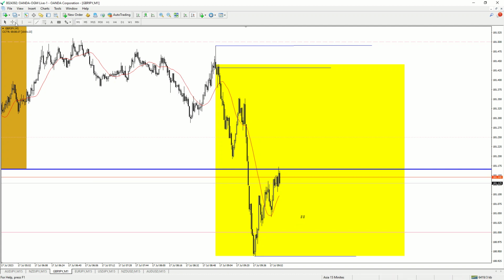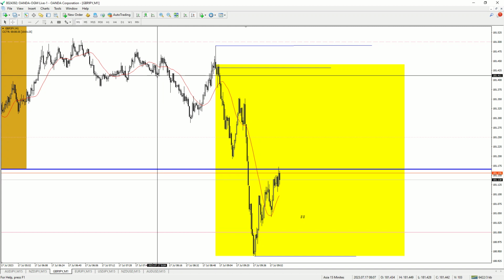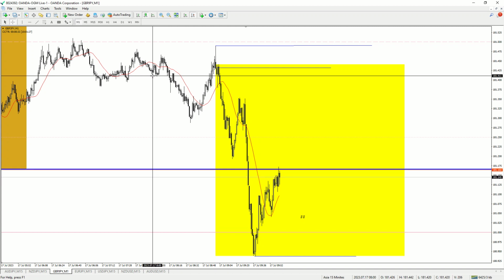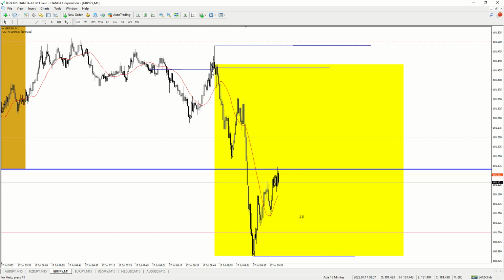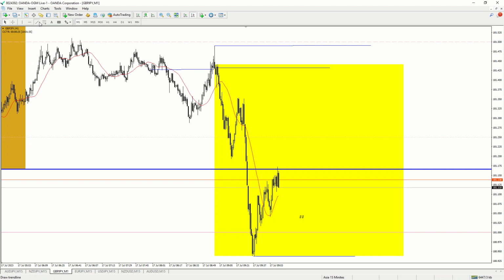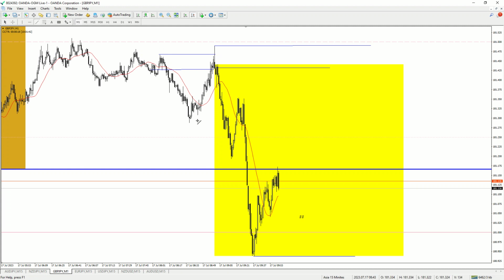Well, let's check where 7 o'clock opened, because I still need that story, guys. I still need that story. 7 o'clock opened on this candle. This was 7 o'clock open, and this was 7 o'clock high, and this was 7 o'clock low.